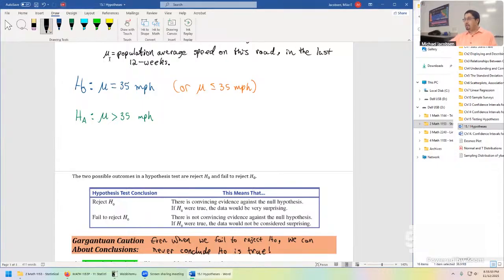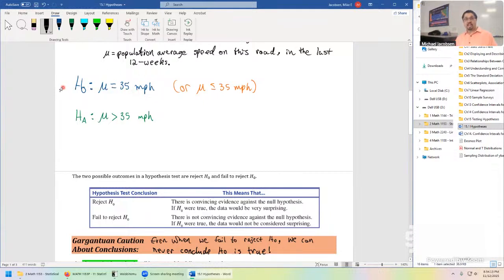And that's kind of unsatisfactory in a way. If I get summoned to traffic court for this kind of situation because of speeding, even if they can't establish the guilt that I was going above 35 miles per hour on average, I'm not exonerated. The court's never proved the null hypothesis is true.